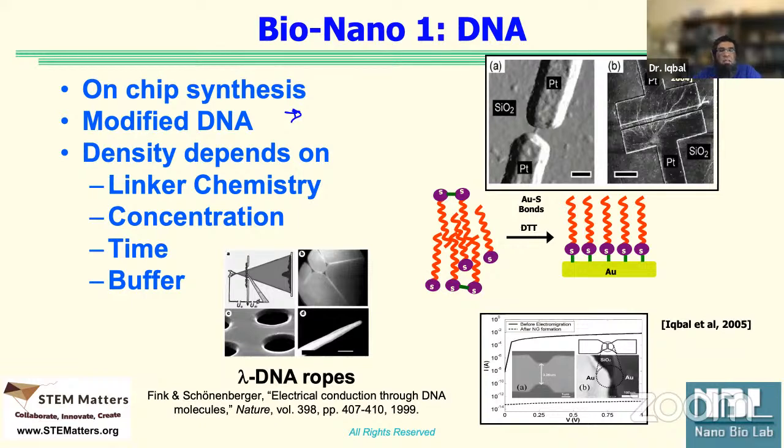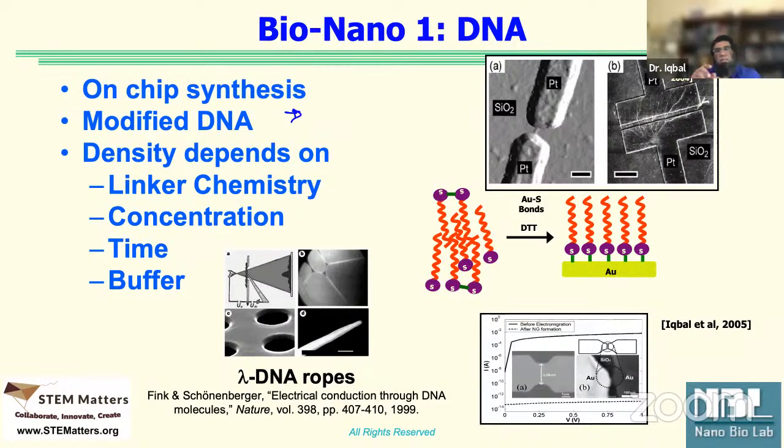In many places, either this was synthesized on the chip itself, where they would start with one base and then add another base and the chain would form, or they would form it in a tube or buy it from a vendor and then put it on the surface.